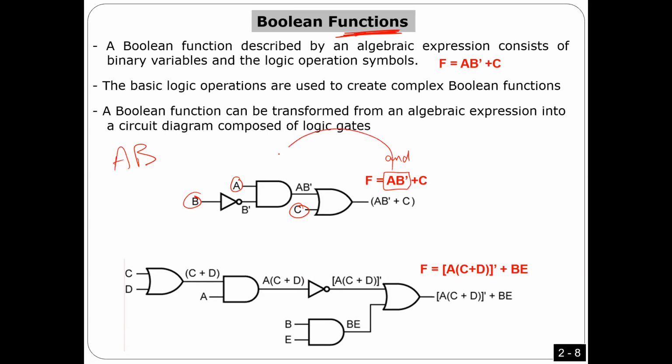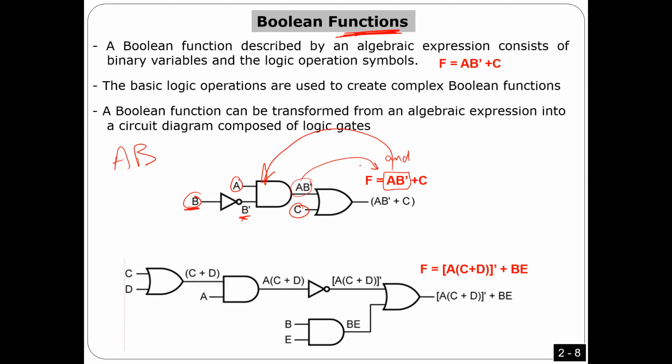This AND here has A and also B, and then the complement of B here. So if I input B here, I'm going to get the complement of B. Because the inputs here are A and the complement of B, I'm going to get AB prime. AB prime is actually the first term here.